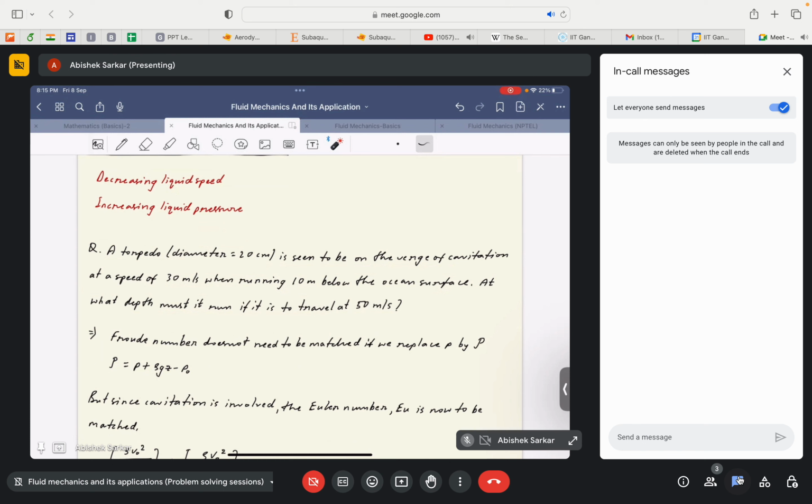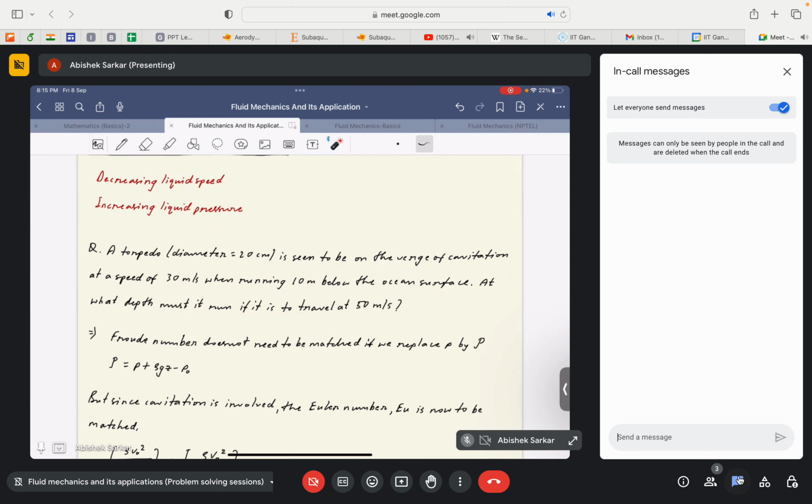So it is told that the torpedo is on the verge of cavitation while running at the speed of 30 meters per second at a depth of 10 meters. Given that the torpedo would remain on the verge of cavitation and would have the same diameter, but has to travel at 50 meters per second, right?